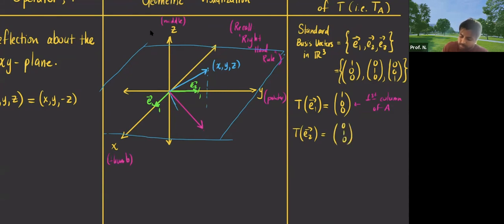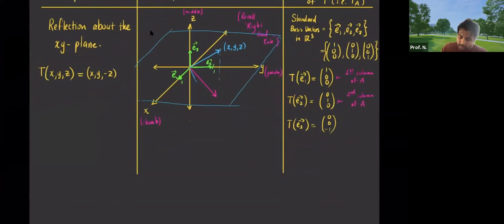This is the second column of our associated matrix. And then finally, T of E3, that's this unit vector here. When I reflect that through the XY plane, I do get something different. I now get a negative 1 for the Z coordinate.